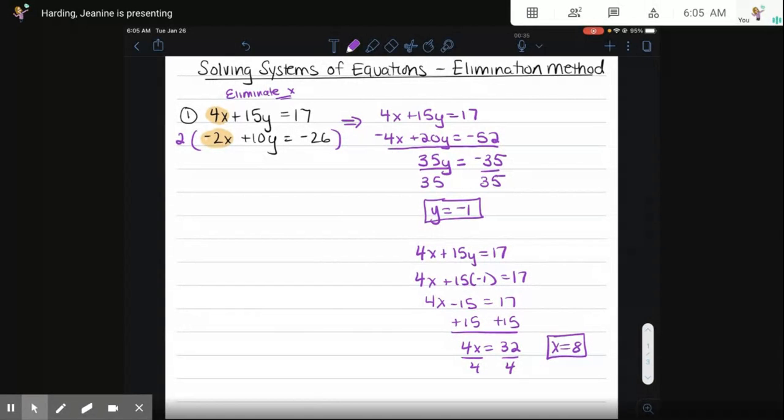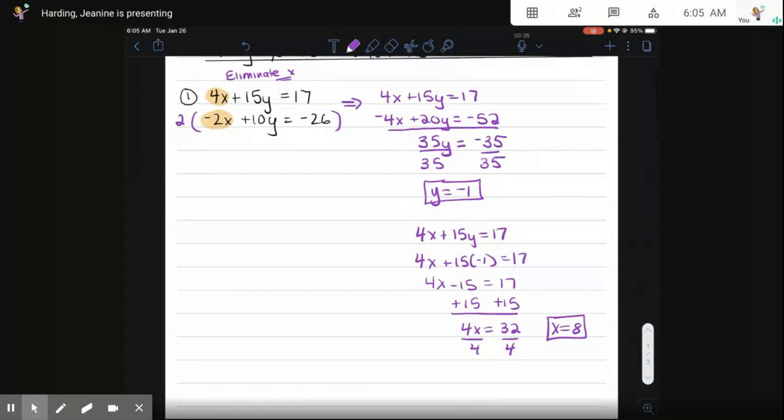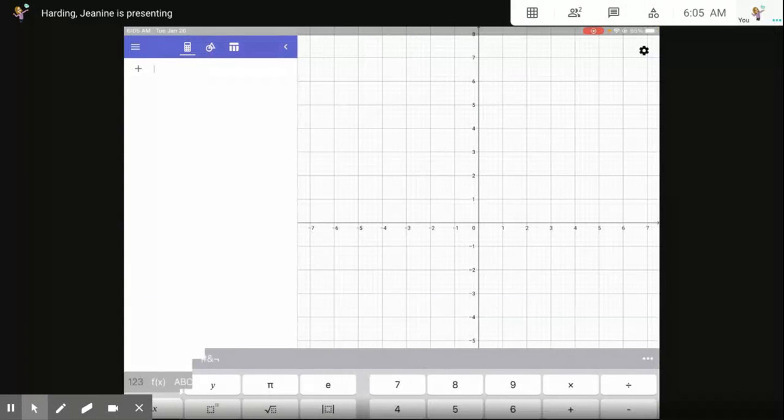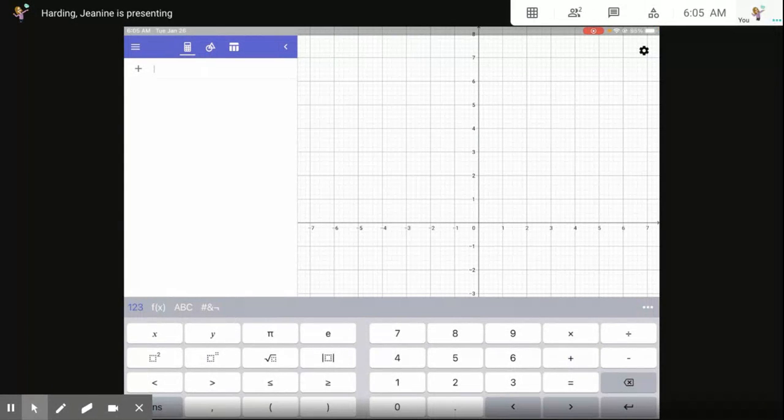So if you wanted to check this in GeoGebra, you could graph both equations, and you should see that the intersection point would be the point 8, negative 1. X is 8, y is negative 1. And I'll just show you in this first one. So 4x plus 15y equals 17.